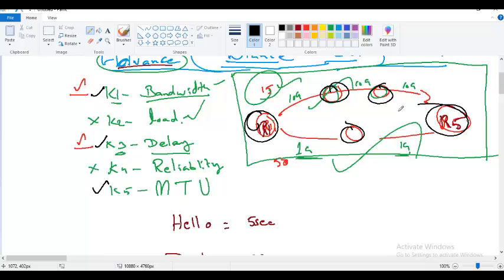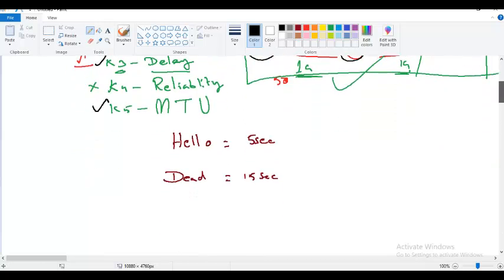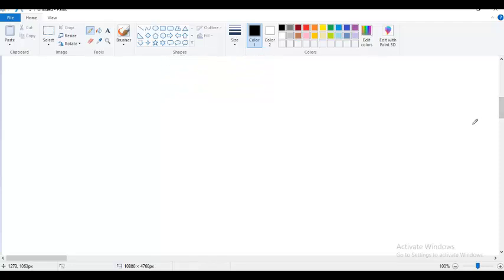Now, this one protocol, I told you it can maintain a topology table. If I have multiple paths, this path and this path, in this router's routing table you will see only one path, the low metric path. But in the topology table, you will also find the alternate path.